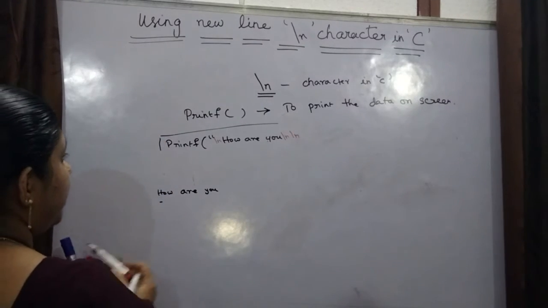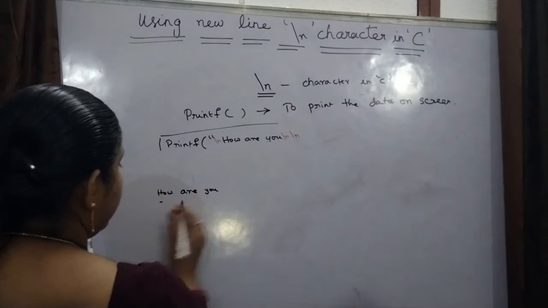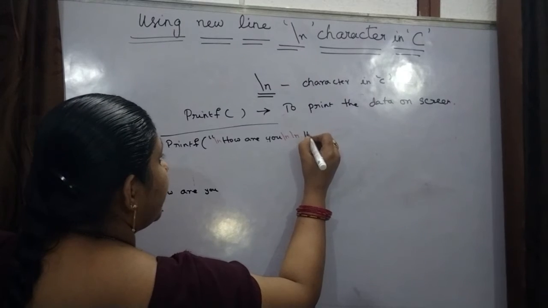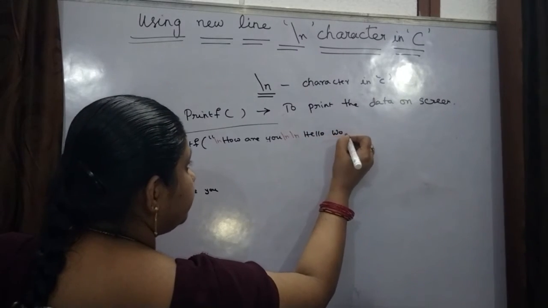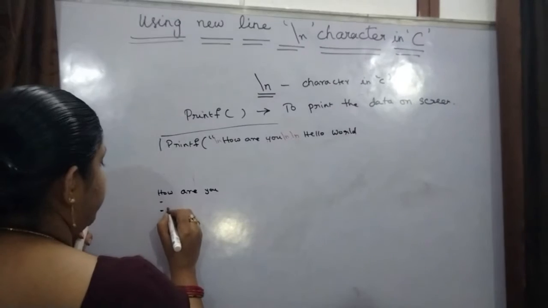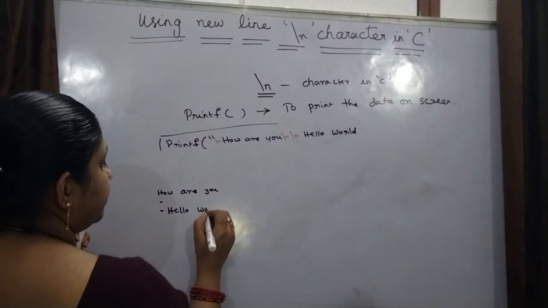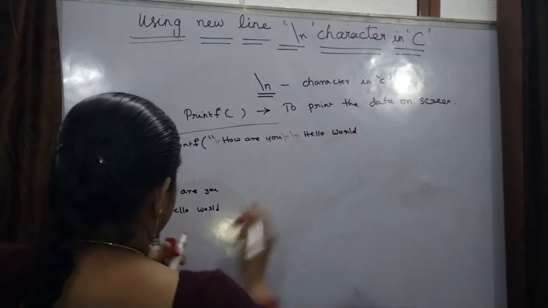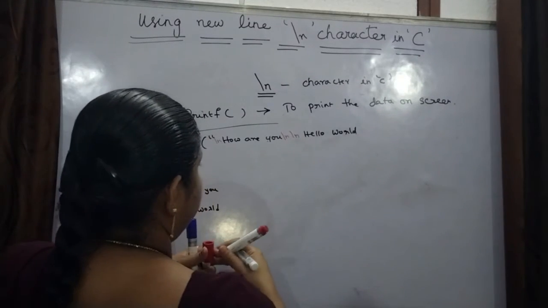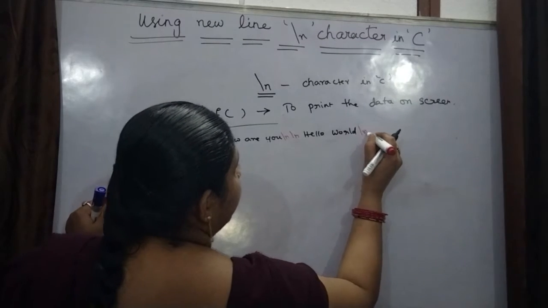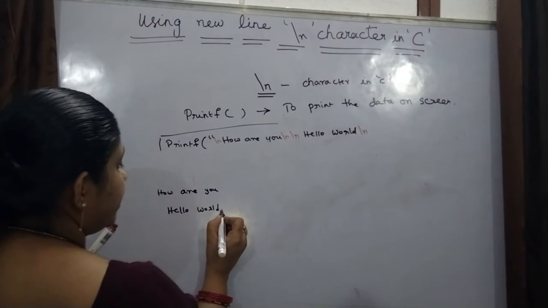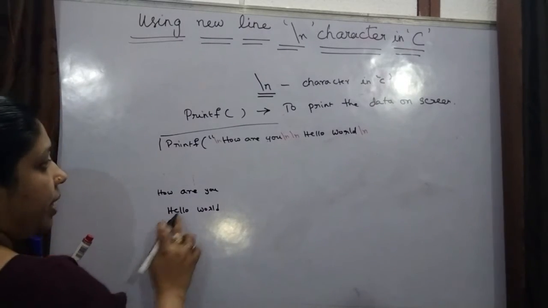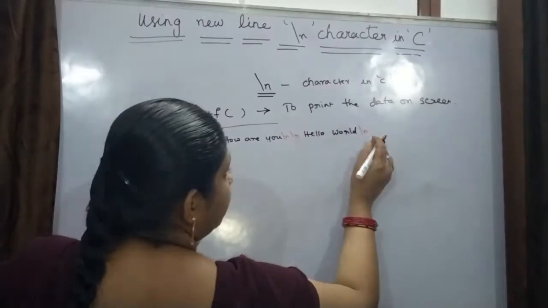Okay, now the cursor is here, and I will write one more \n. When I have written one more \n, it comes to this position, and if I say hello world, it will print hello world. After writing this, again if I write \n, the cursor jumps from here to here, and the compiler comes to the next thing.